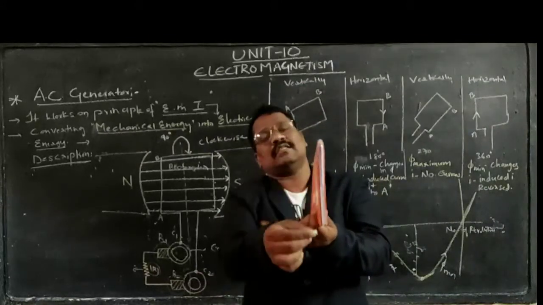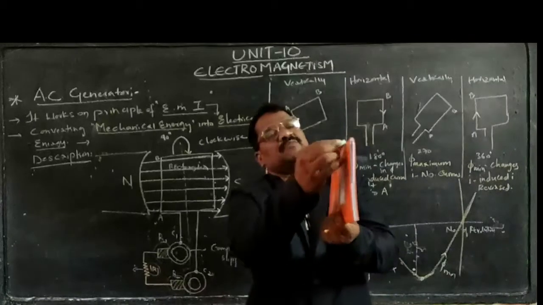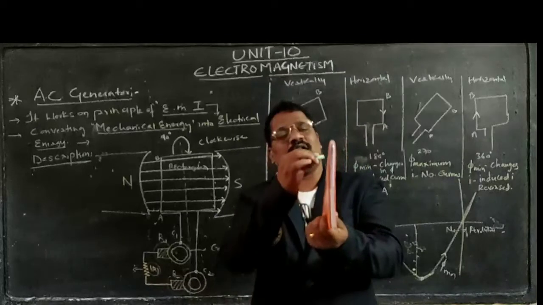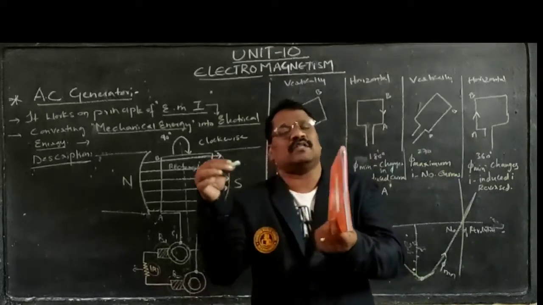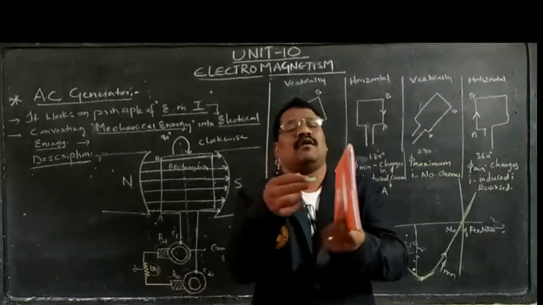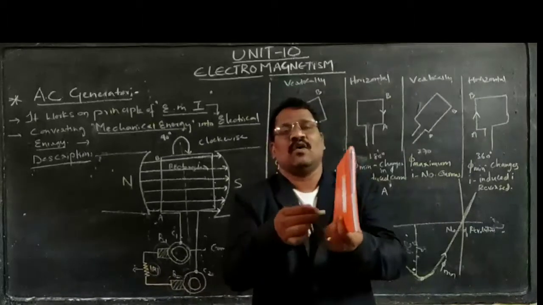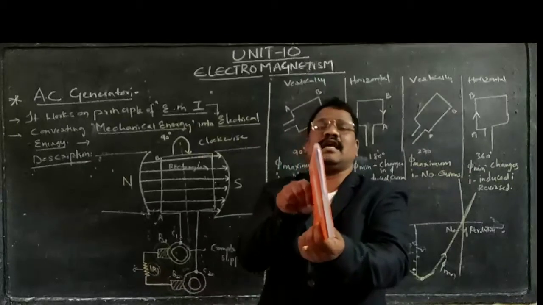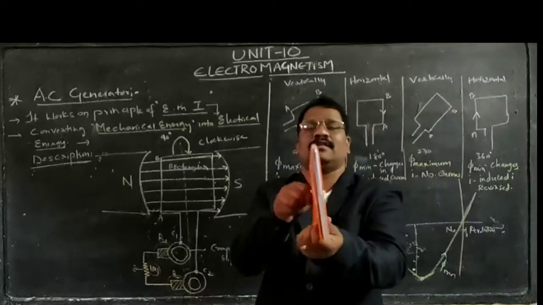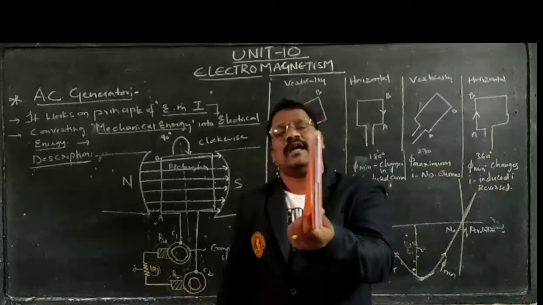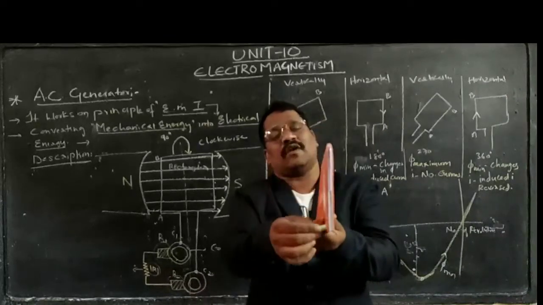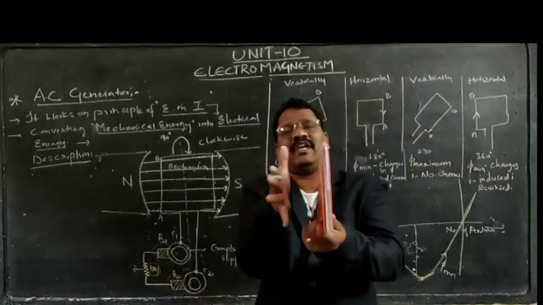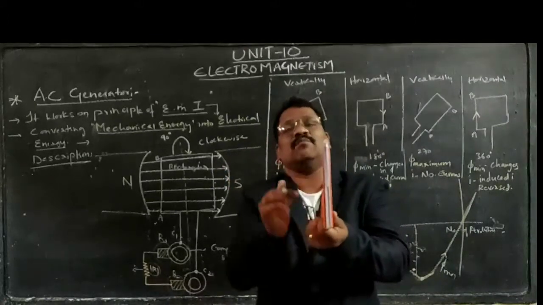When the coil is in the vertical position, this becomes the area of cross section of the coil. Through this area of cross section, the maximum number of magnetic lines of force will pass through the coil. The coil is exactly at 90 degrees. When the coil is exactly at 90 degrees, the area of cross section through which magnetic lines of force pass will be maximum.